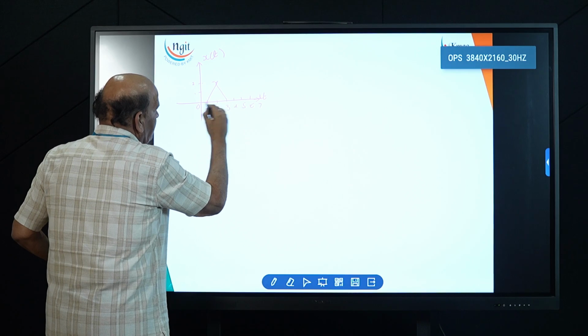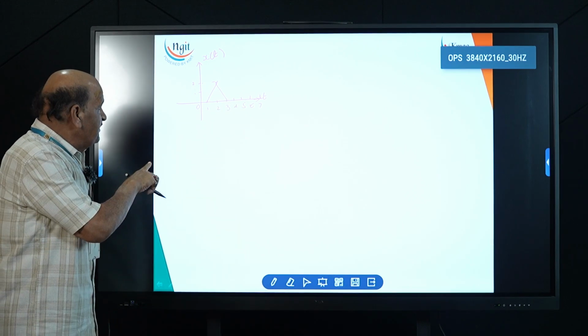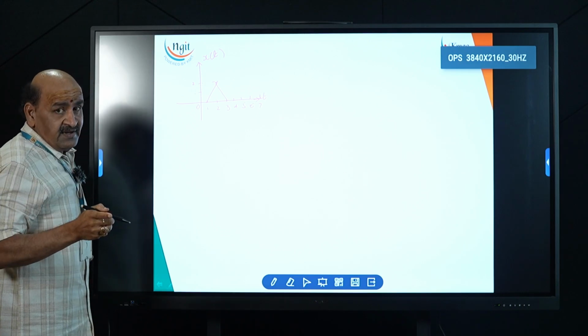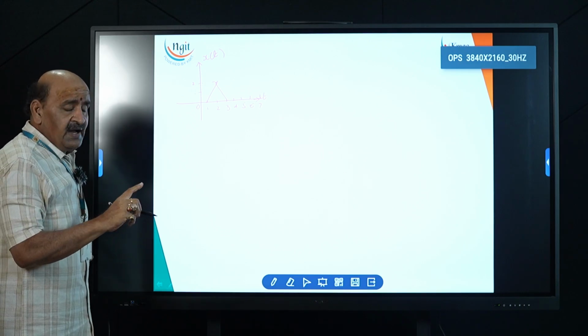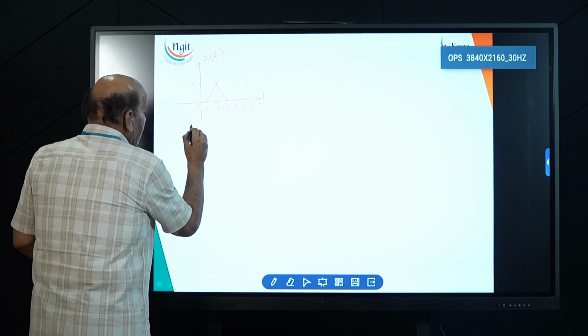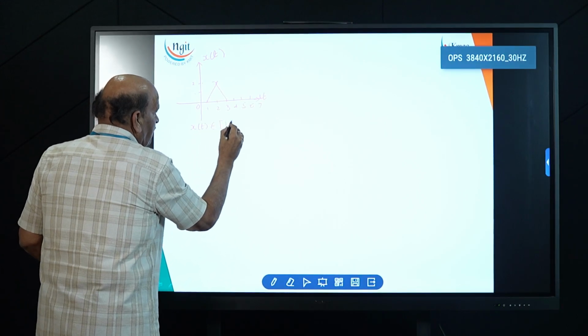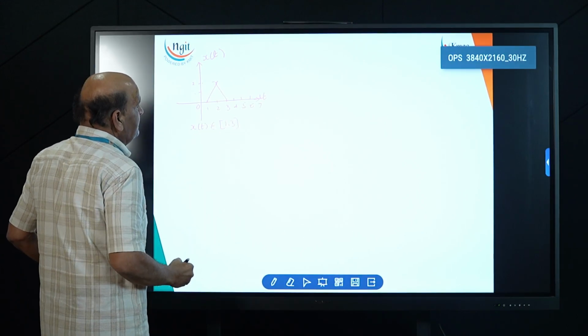Now let us take a triangular signal. In the previous case we discussed a rectangular signal. Signals can be of any shape. The shapes also we will discuss. Here the x of t, the length of the signal belongs to 1, 3. That is, length is 3.